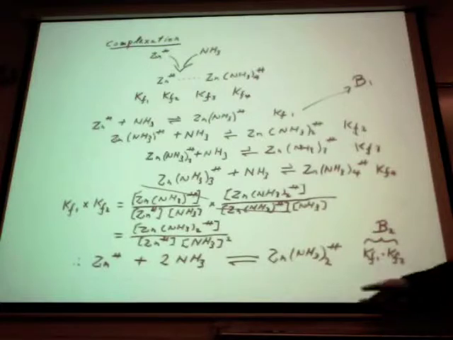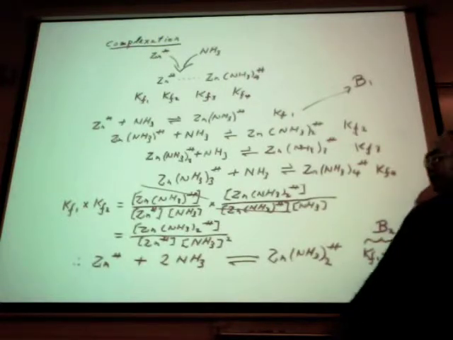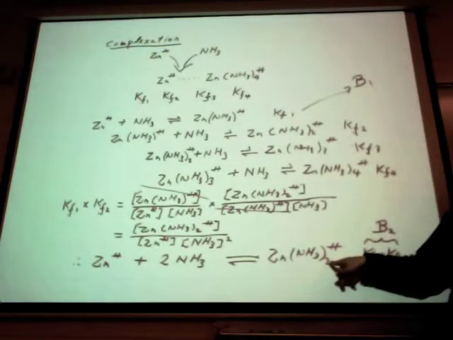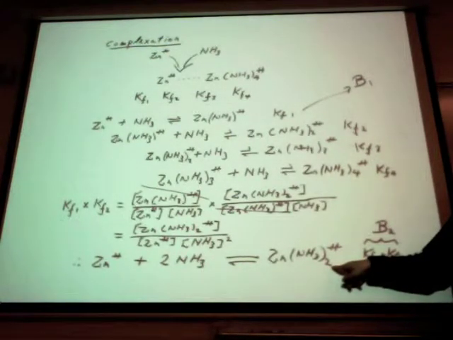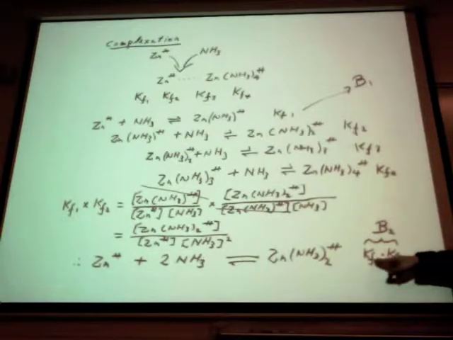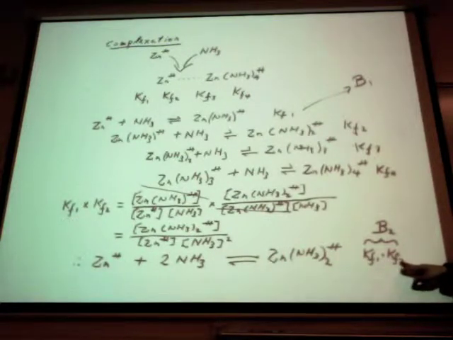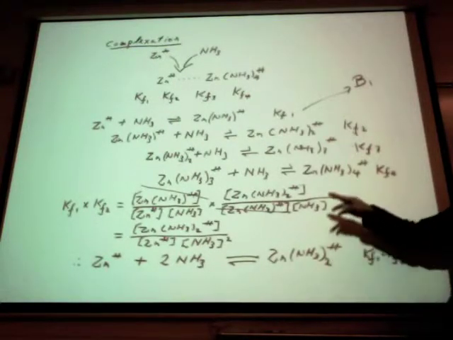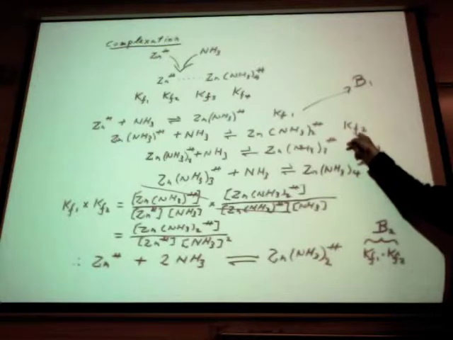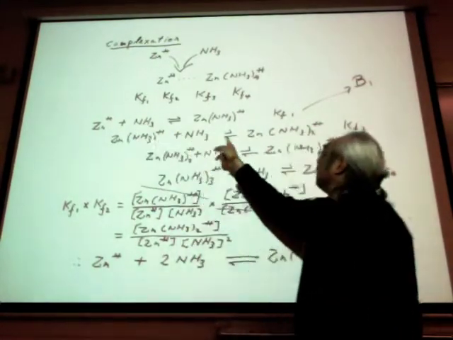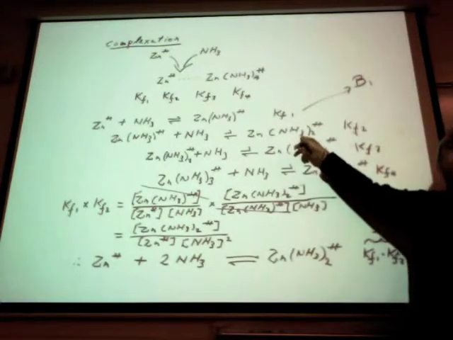So now, what it means is, if you look at this and go all the way to complex 2, that needs to multiply KF1 and KF2. So that's why I told you earlier, be careful that KF2 alone does not mean this guy reacting with this guy all the way to that.